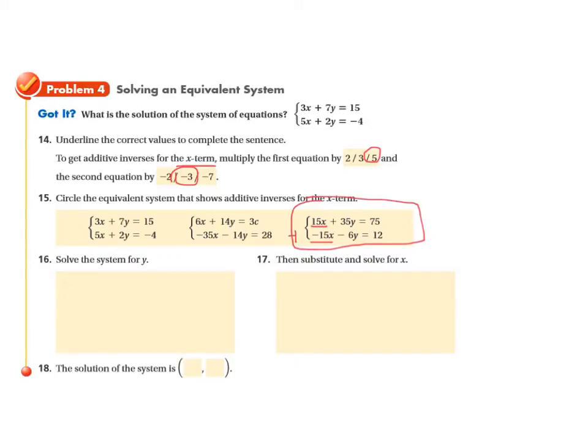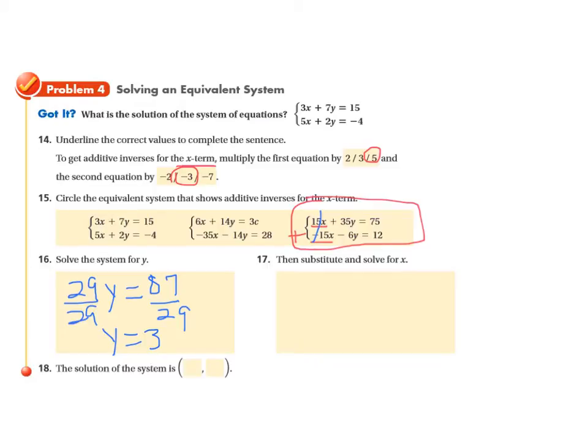Alright, when I add these two equations together, my x terms cancel out, and I'm left with my y terms: 35 minus 6 is 29y, and 75 plus 12 is 87, so it equals 87. I need to divide by 29, and that gives me a value of y equals 3.